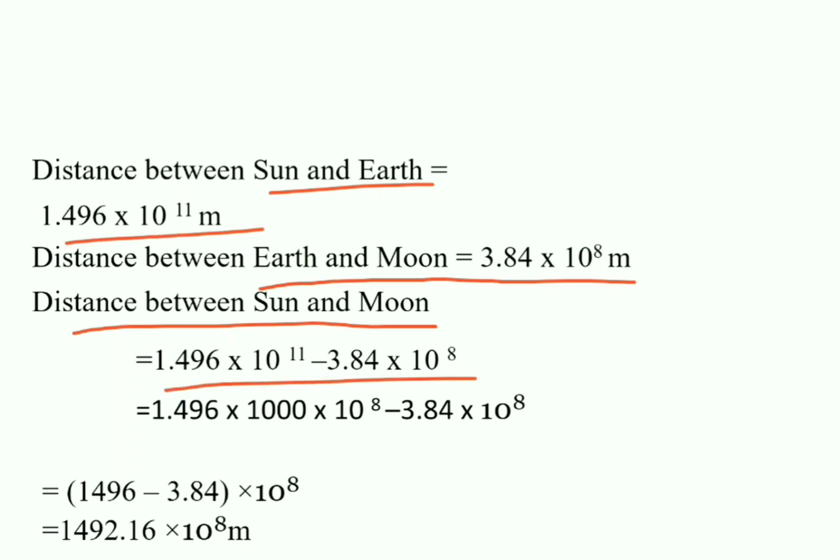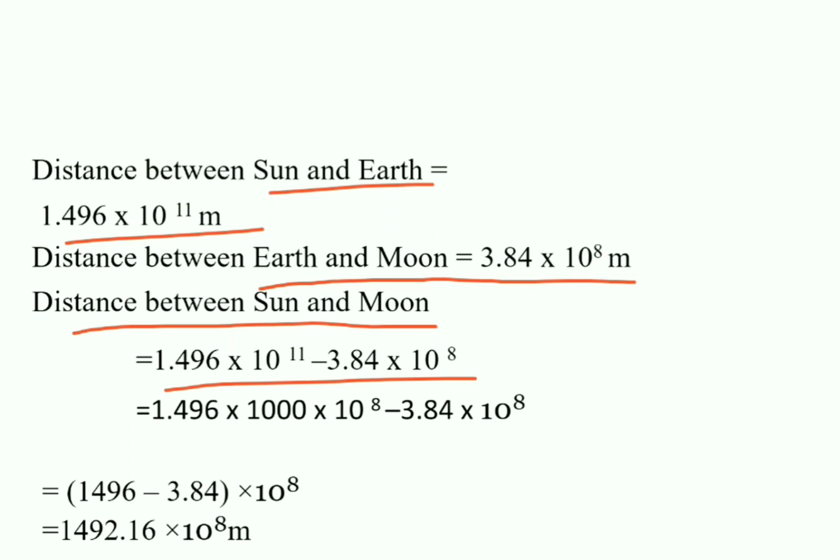You will see the screen. The distance between Sun and Moon is equal to 1.496 into 10 raised to the power 11 minus 3.84 into 10 raised to the power 8, and we know that for addition or subtraction of numbers in standard form we have to convert them into numbers having the same exponent.